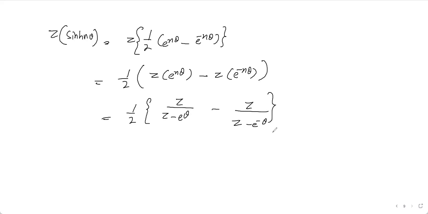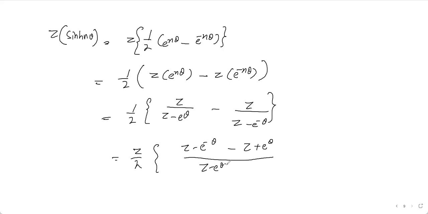Again we have solved for sinh n theta. So let us take z as common, and z minus e to the power of minus theta minus z plus e to the power of theta, all right, by z minus e to the power of theta and z minus e to the power of minus theta, right? Further, we know what sinh theta is.